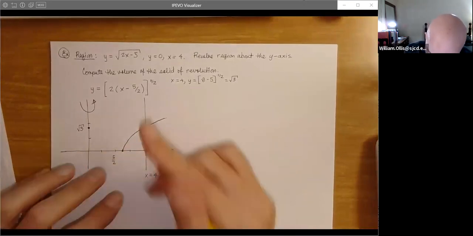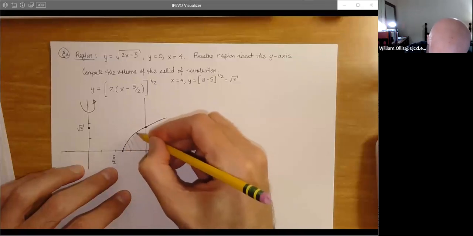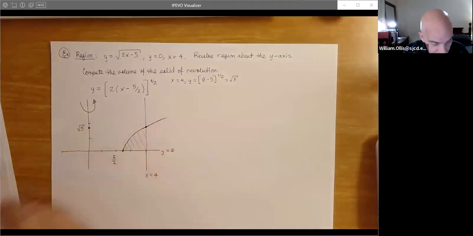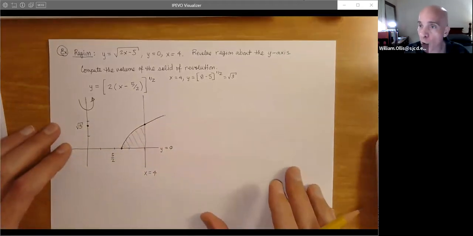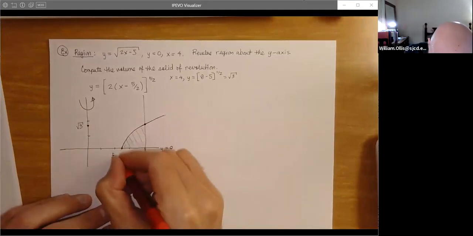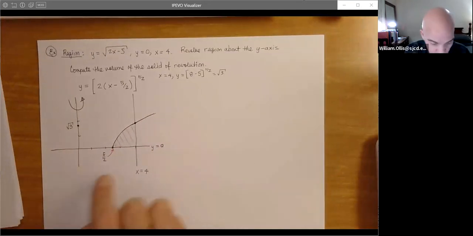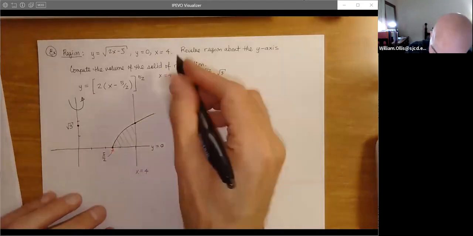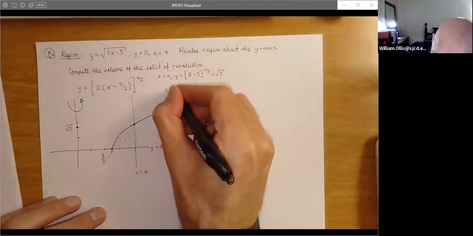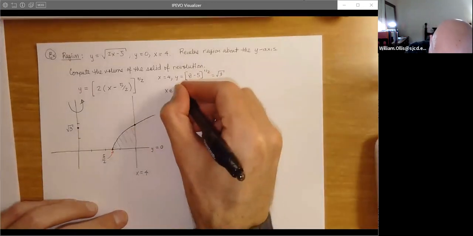Now, let me just go ahead and do a little bit of shading here so we see exactly what the region is. And notice how this one is set up very nicely already with the independent variable that we need. So again, let me just motion here that there's the 5/2 there. I wrote it over to the side a little bit. I want you to know that that's the point there. So we're going to let x live, in this case, between 5/2 and 4.